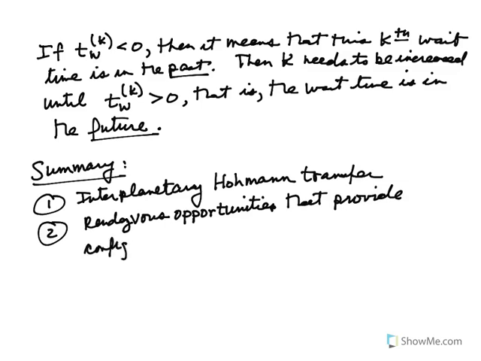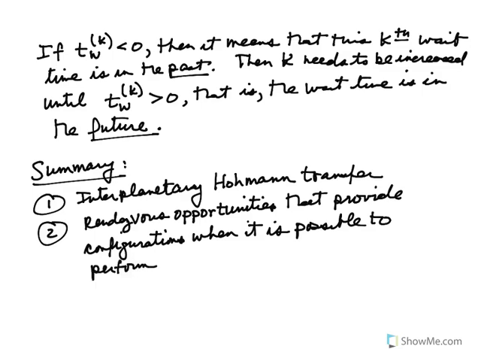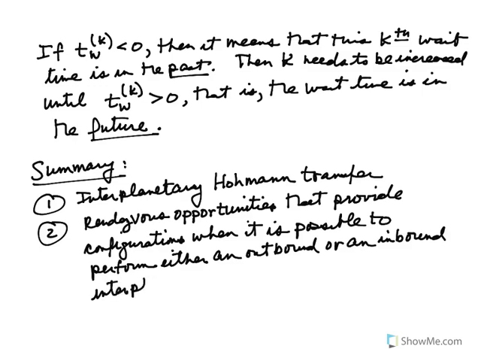and these configurations are defined by the phase angle, when it is possible to execute or perform either an outbound or an inbound interplanetary Hohmann transfer.